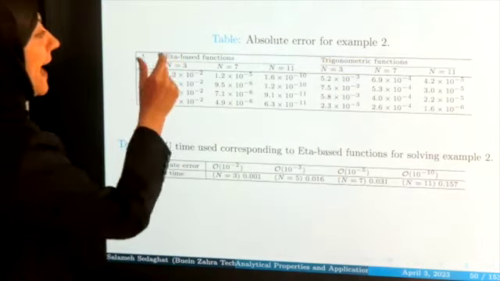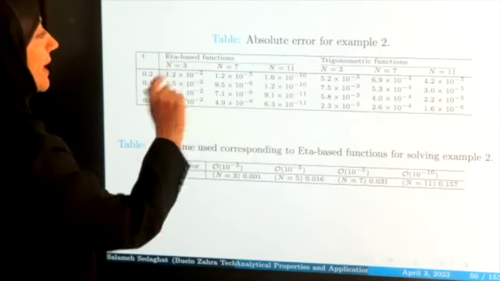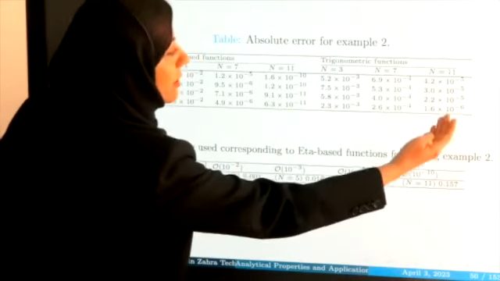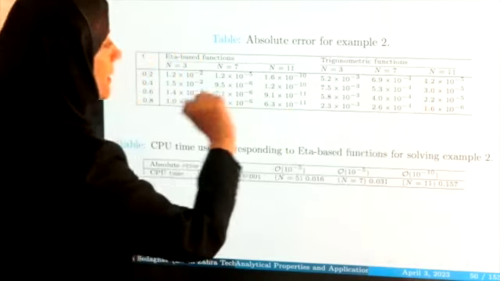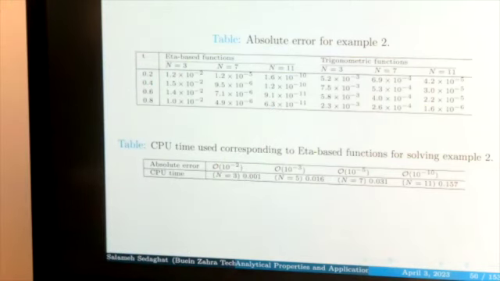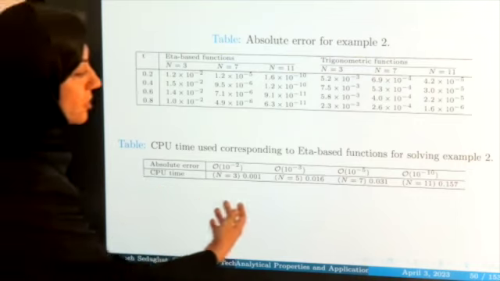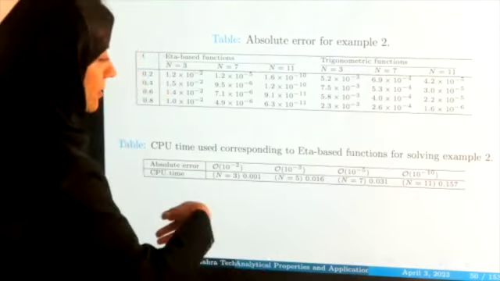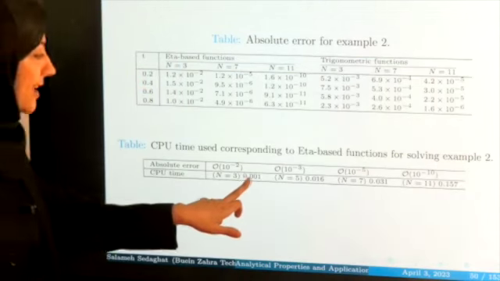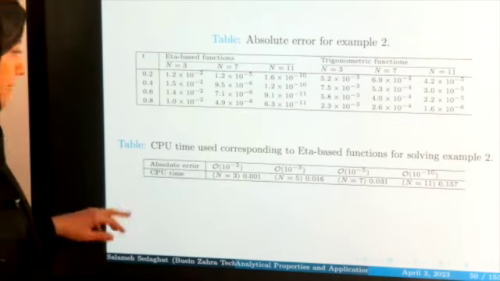But when n increases, you can see that the absolute error for eta-based function is less than that of the trigonometric function, and it's about 10 to the minus 10. Also, the CPU time consumed by the eta-based function for this example is here, and you can see it's about 10 to the minus 3 seconds.